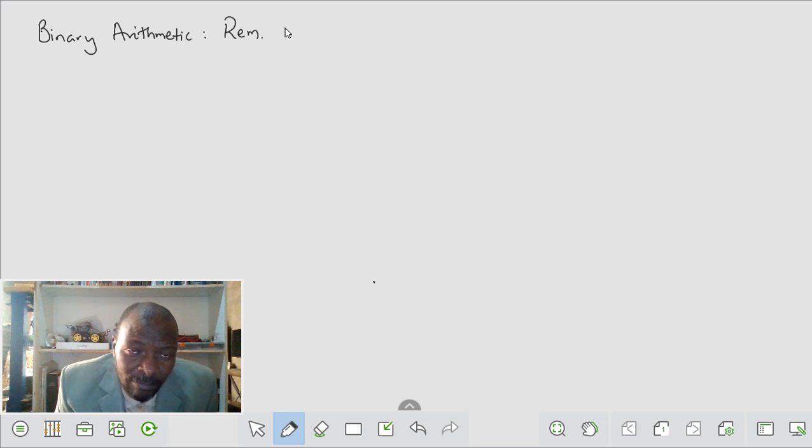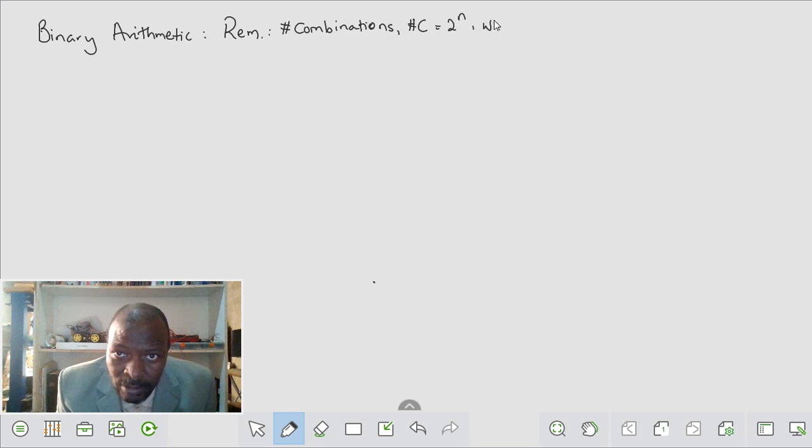And the reminder, and I'll keep reminding until I'm done: the number of combinations is given by 2 to the power of n, where n is the number of bits you are adding or subtracting.